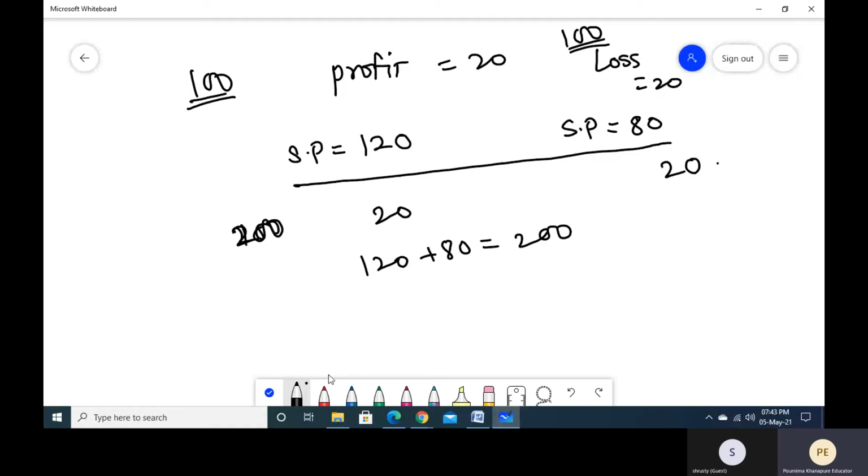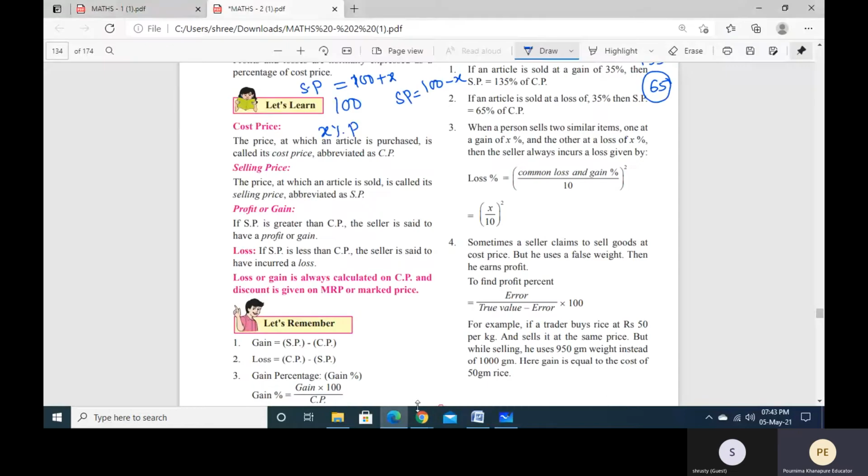Every time when there is the same percent of loss and profit, then the person will be in a loss. So that's common loss and gain percent upon 10, squared. By using this formula, we'll get whatever loss he has incurred, the percent loss.